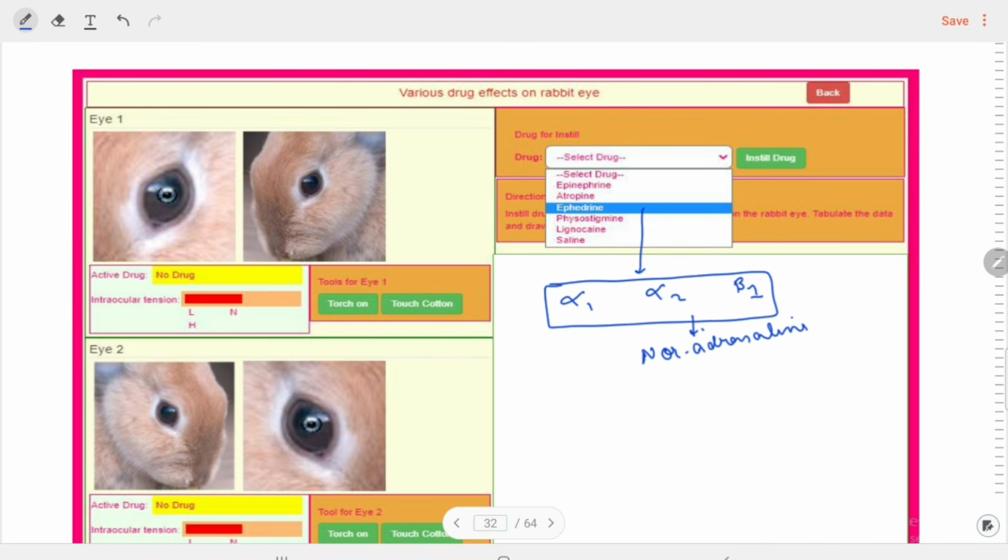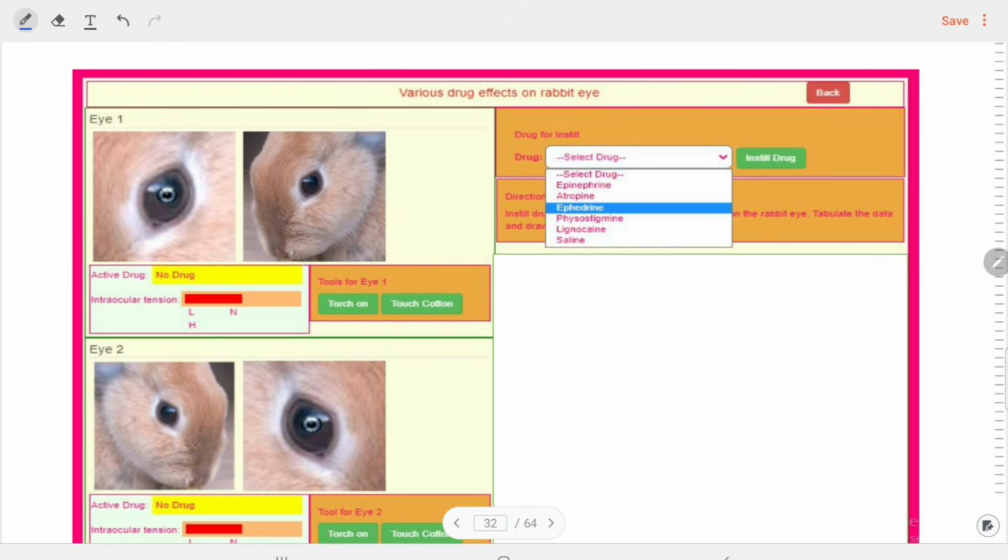From the release of noradrenaline, we all know that noradrenaline acts on the alpha 1 receptors, alpha 2 receptors, and the beta 1 receptors. So let's take one by one.